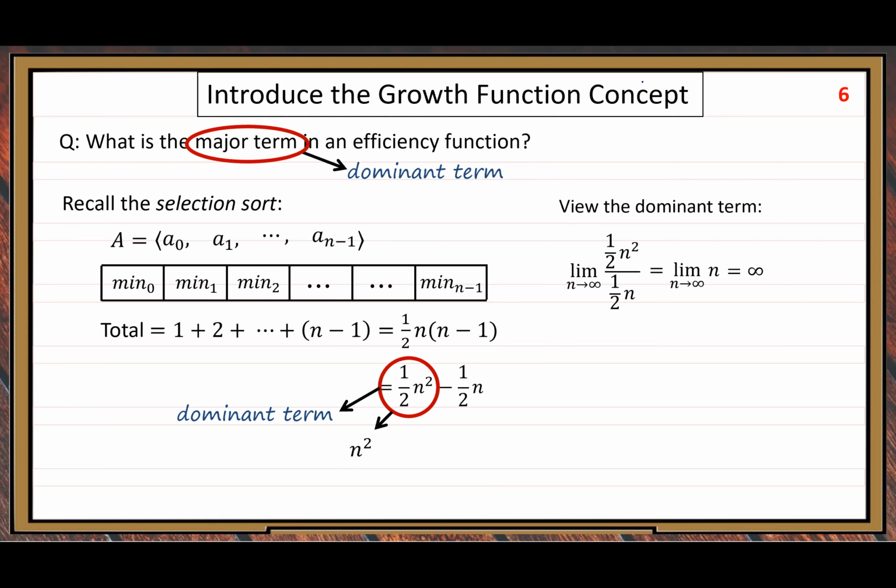Now, simplification, another step from the dominant term to the growth function. N squared is the growth function. So we define the growth function of this algorithm, the selection sort algorithm, as n squared. Here you can see we only keep the most important part.